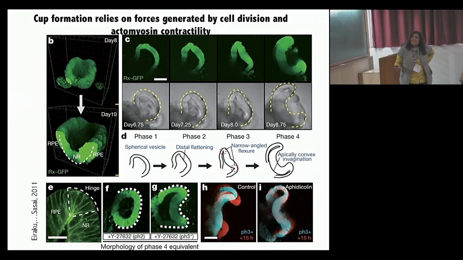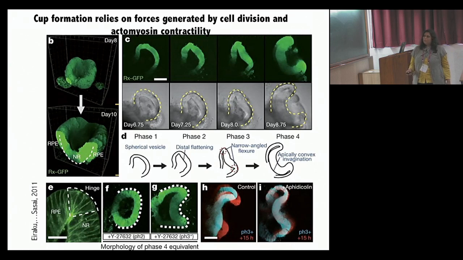And so then they also found that you require both cell division and actomyosin contractility to generate this cup-shaped morphology. Surprisingly, what they showed was that you required actomyosin contractility only in this stage. If you messed with actomyosin contractility at this stage, nothing really happened.